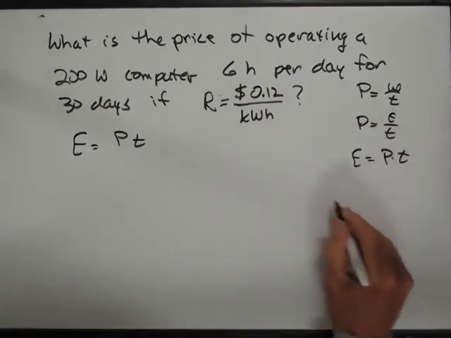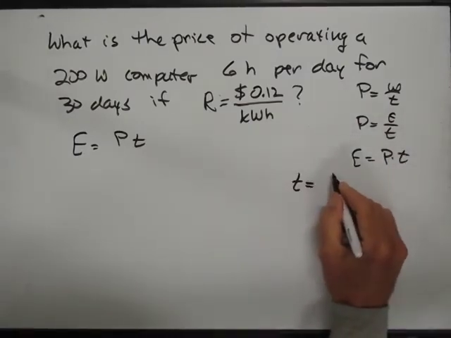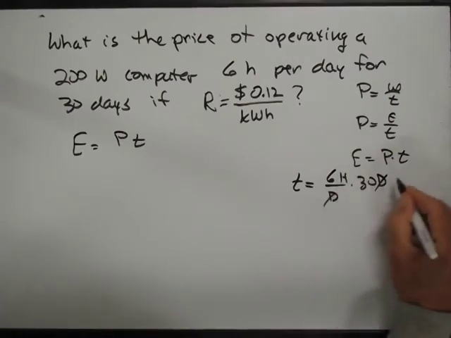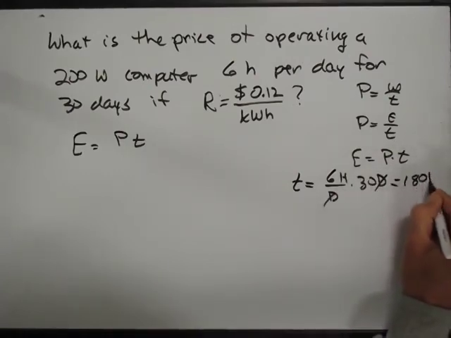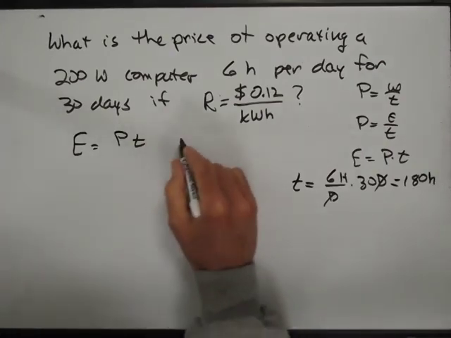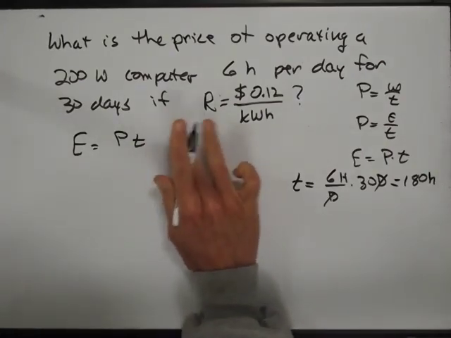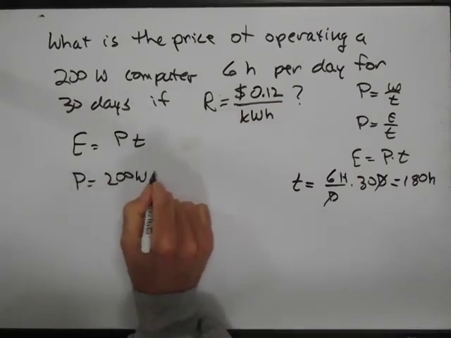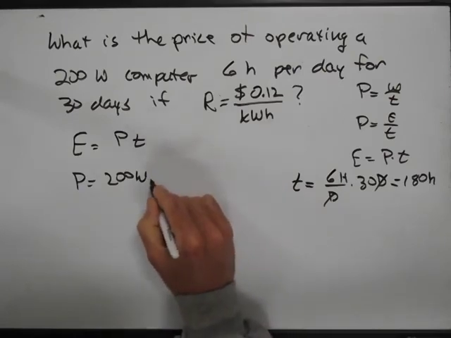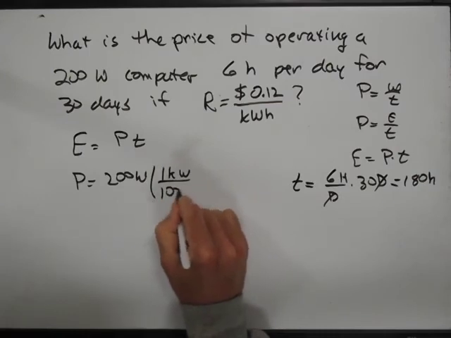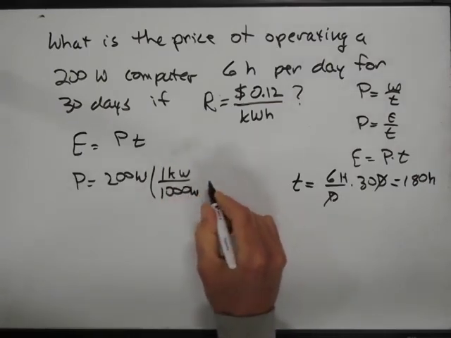In this problem, the time is 6 hours per day times 30 days, right? And so that's 180 hours, right? Something like that. And so the power in this problem is 200 watts, but we want it in kilowatts, so we're going to multiply that by 1 kilowatt over 1,000 watts, right?